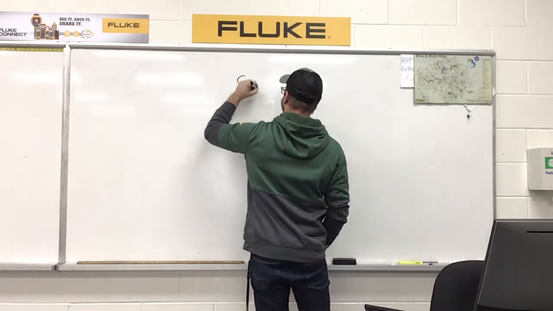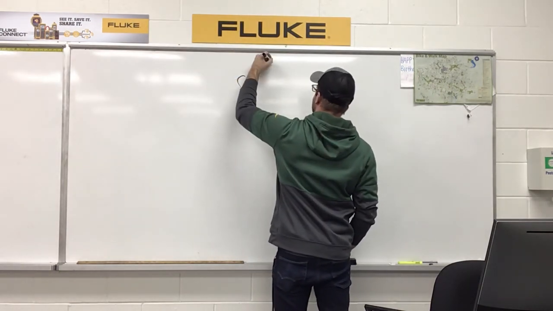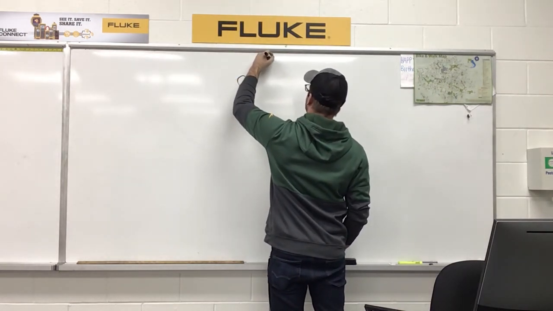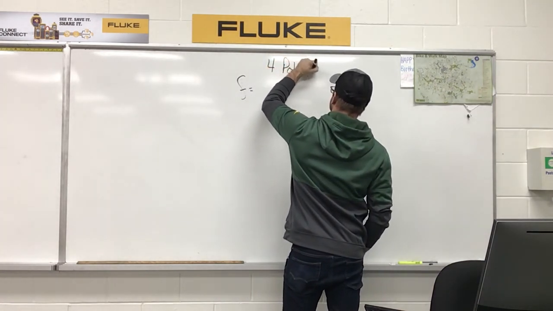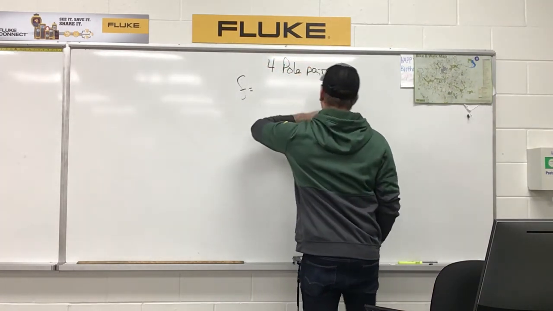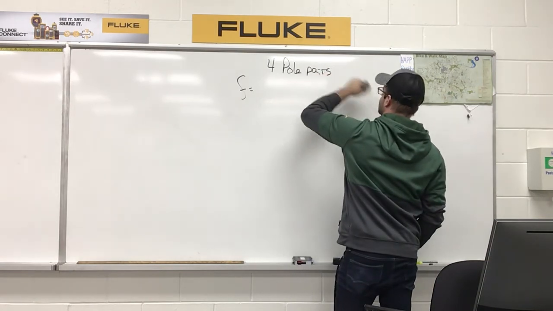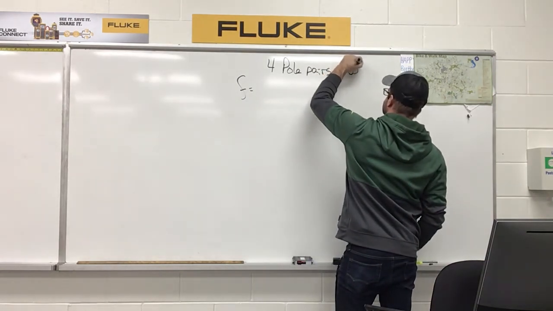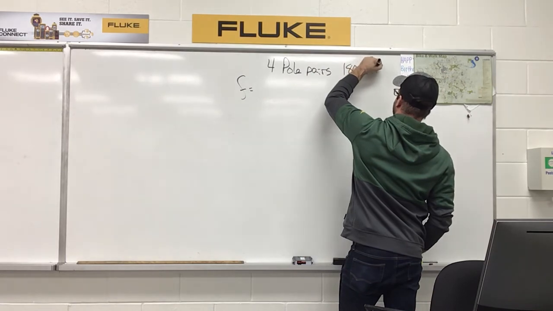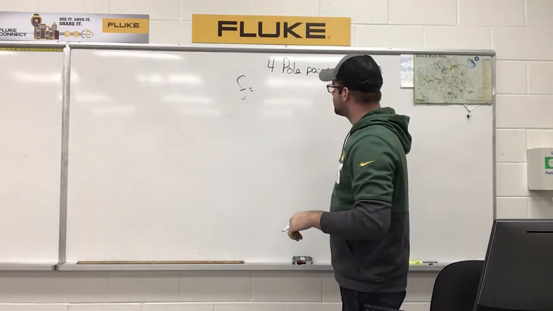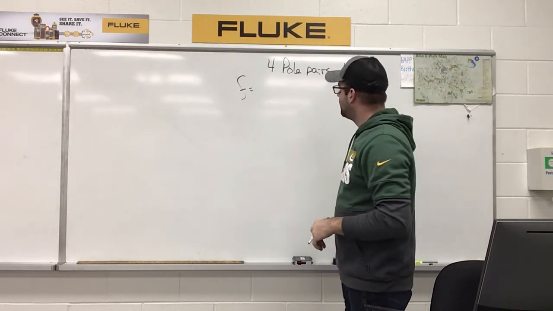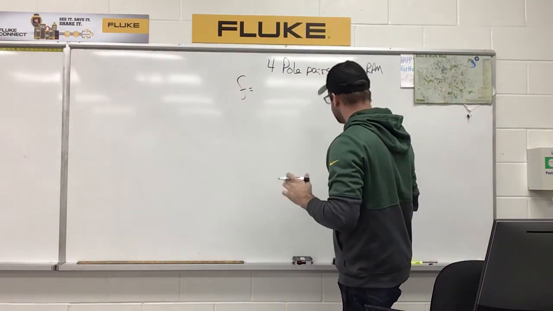So frequency, I'm going to say that I have 4 pole pairs, and I've got a speed of 1800 RPM, and I want to find out what the frequency of the alternator is at this point.